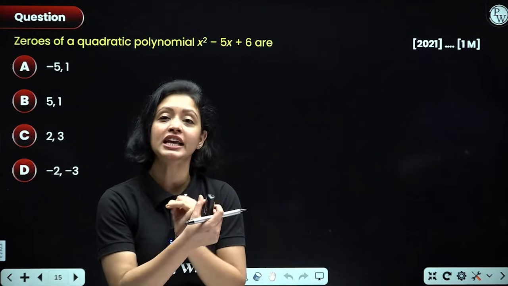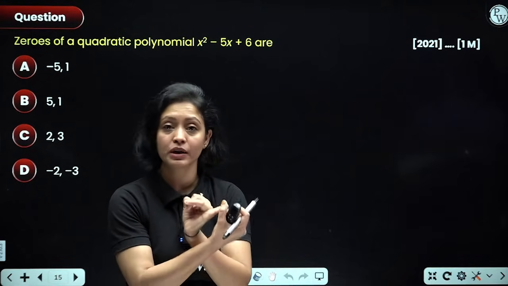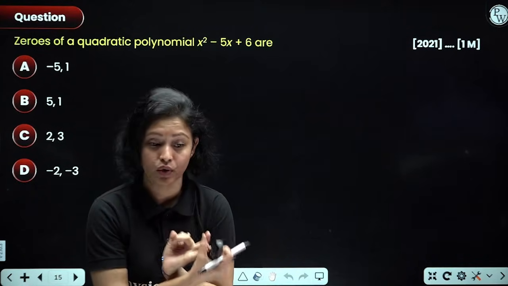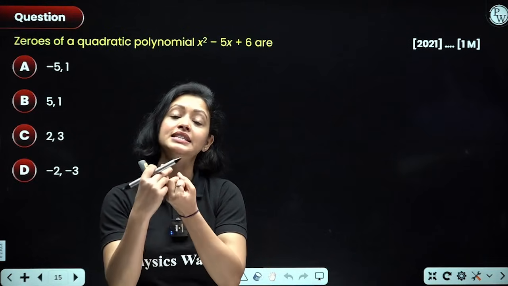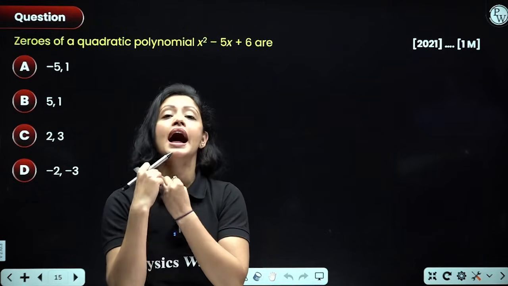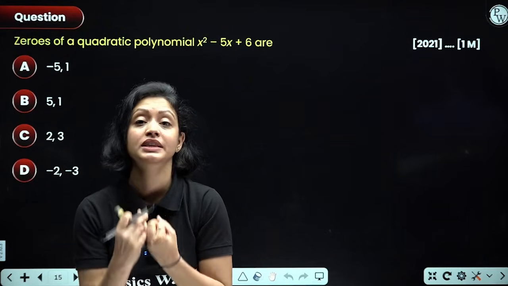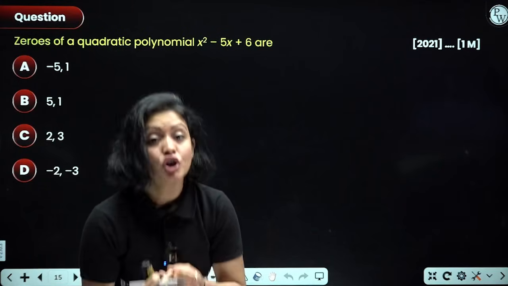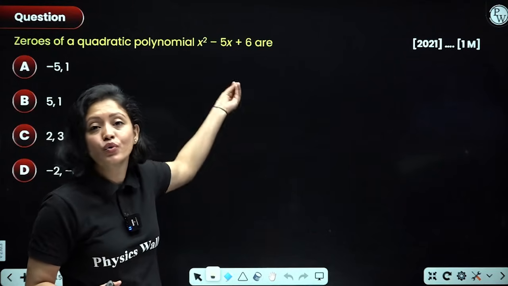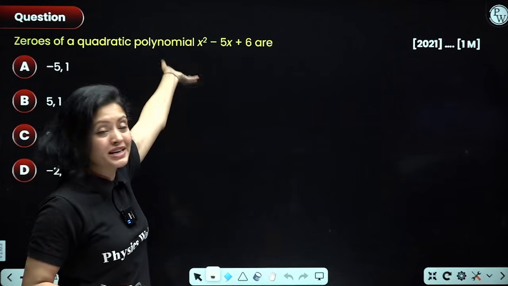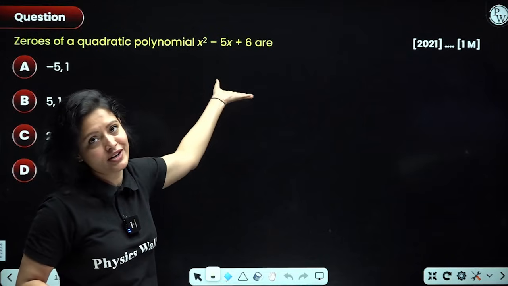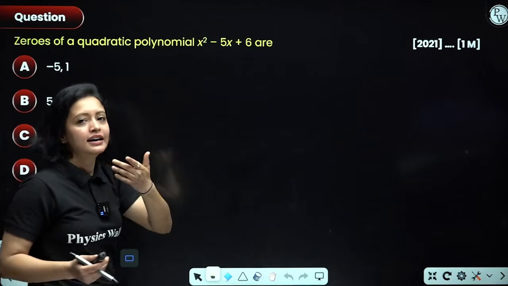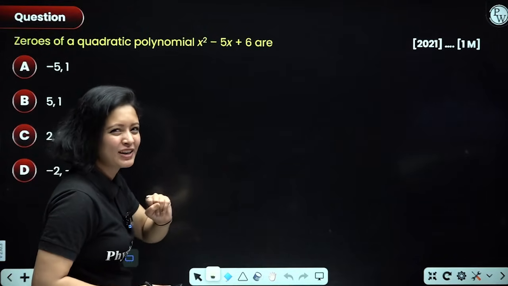So, be it finding the zeros of a quadratic polynomial or the roots of a quadratic equation, both of these have the same method and questions are asked from these topics. Okay? So, please remember how to find the zeros of a quadratic polynomial. With that, let's revise how to do that because you have studied it already in 9th grade.